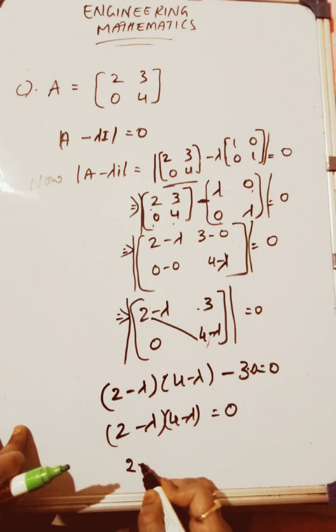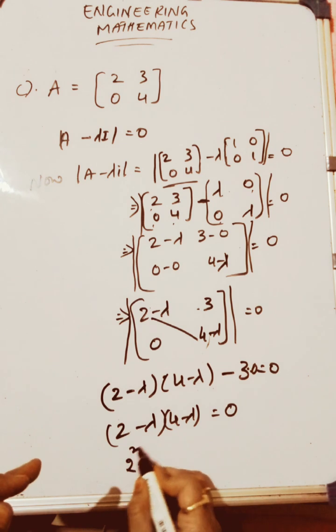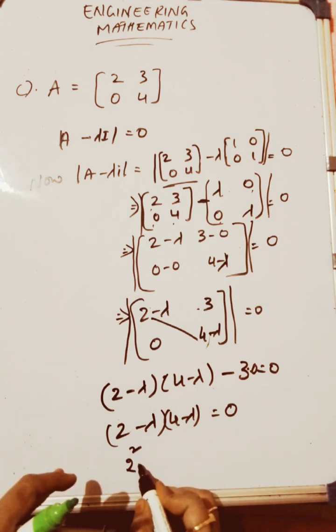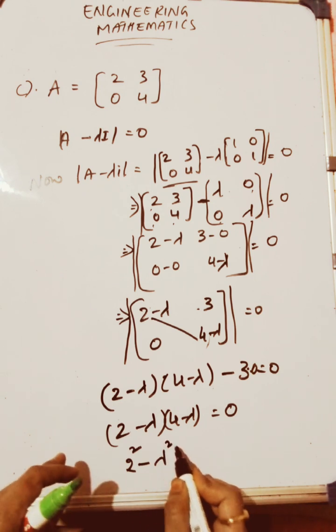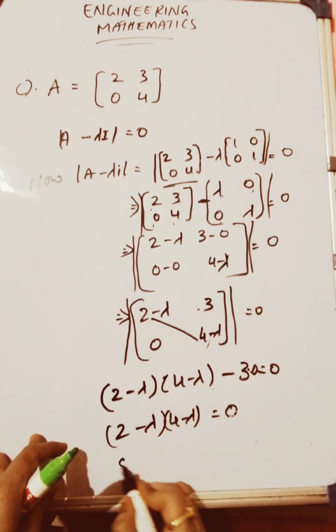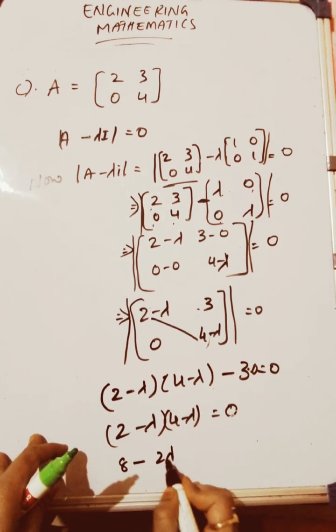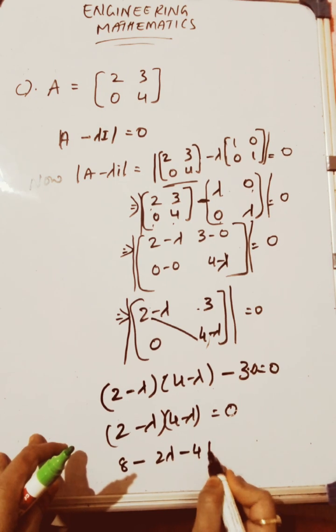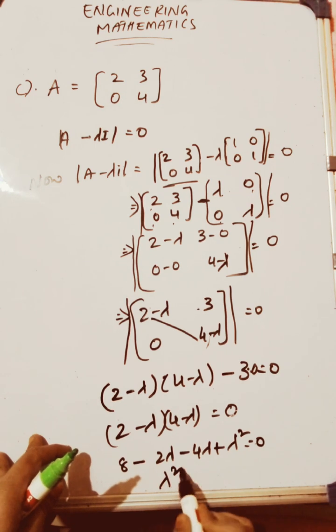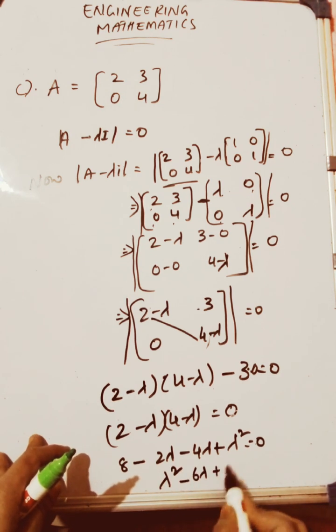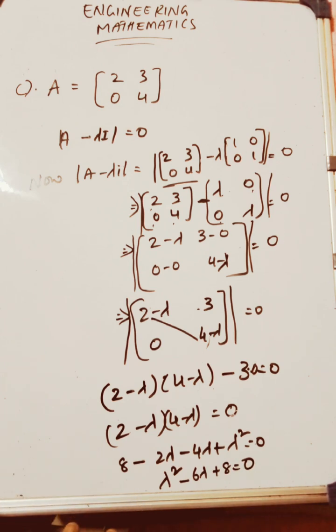Or we can solve it like this: 2 fours are 8, minus 2 lambda, minus 4 lambda, plus lambda square is equal to 0. Lambda square minus 6 lambda plus 8 is equal to 0. This is our required characteristic equation.